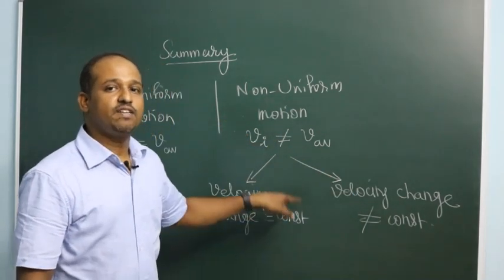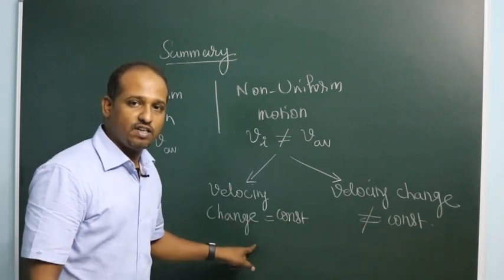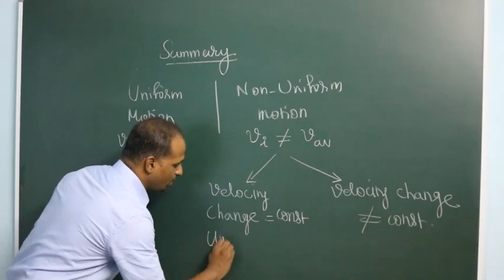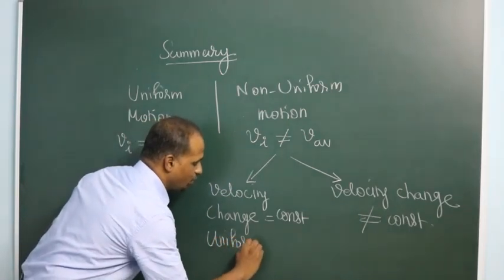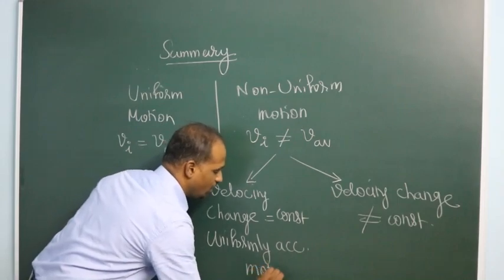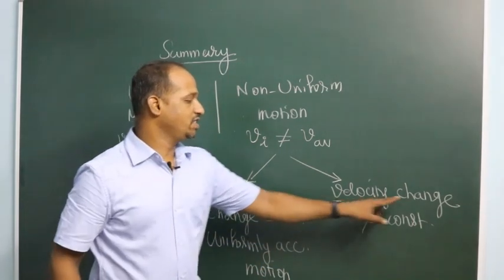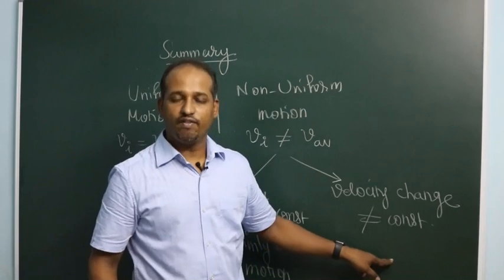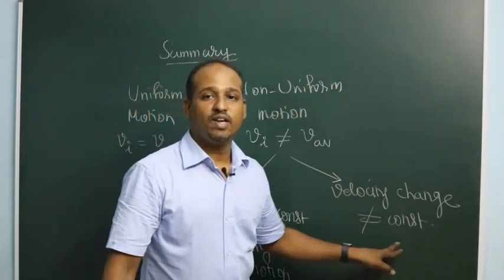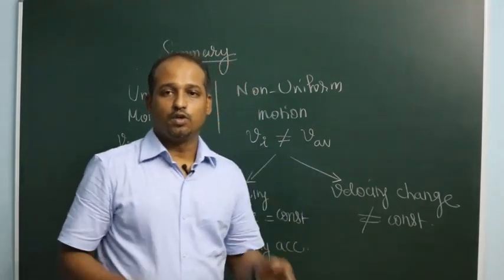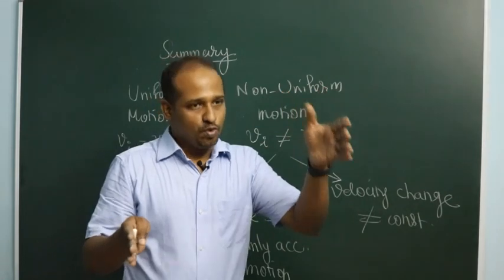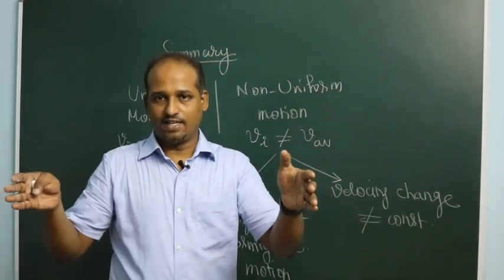If the change in velocity is constant for every 1 second, then that is called uniformly accelerated motion. If the change in velocity is not constant for every 1 second, then that is called non-uniformly accelerated motion. So non-uniform motion can further be classified into two types: uniform acceleration and non-uniform acceleration.